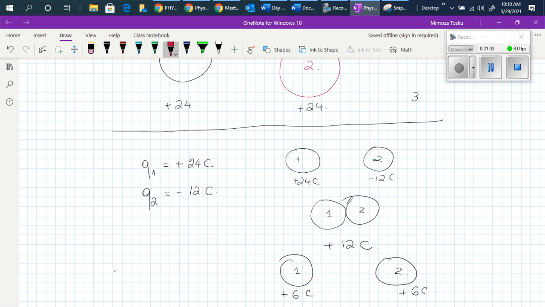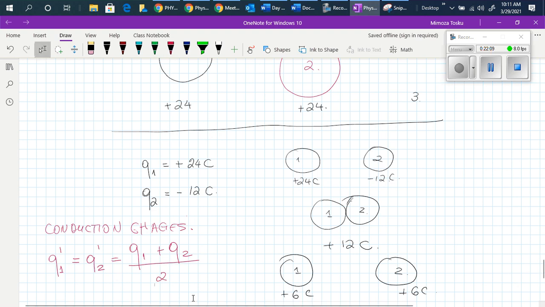The way that we calculate this, the conduction charges calculation, is that when they are in contact, Q1 prime is equal to Q2 prime, where prime means after they are in contact with each other, and it equals Q1 plus Q2 divided by 2.